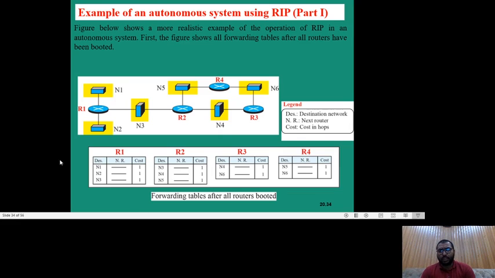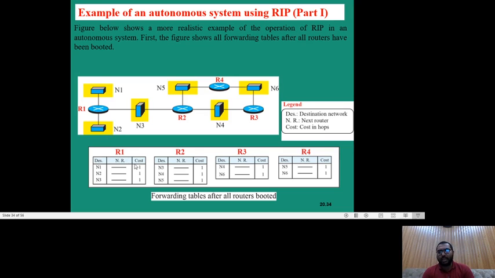Let's take an example. We have an autonomous system with 6 networks, N1 to N6. In this autonomous system there are 4 routers connected with each other. Using RIP as the routing protocol, this is the routing table of R1, where N1, N2 and N3 are directly connected.